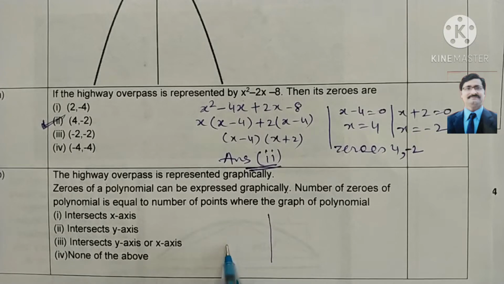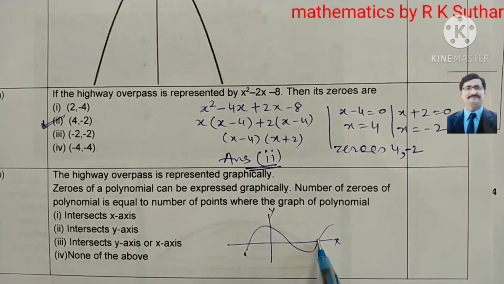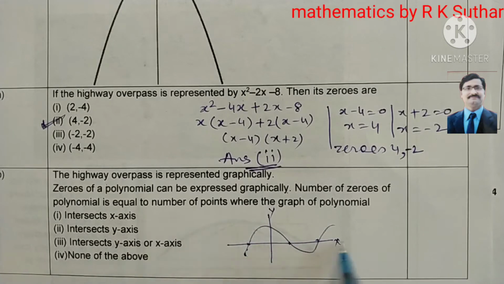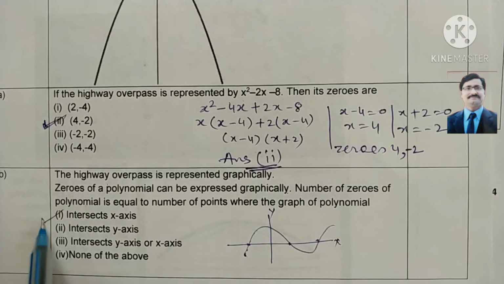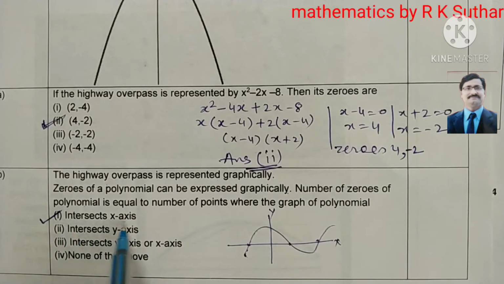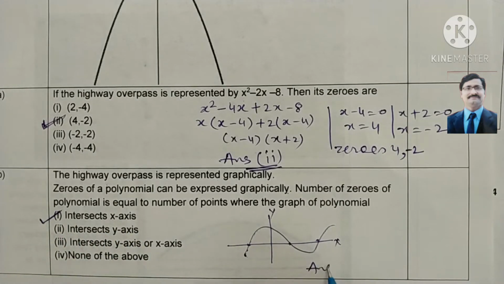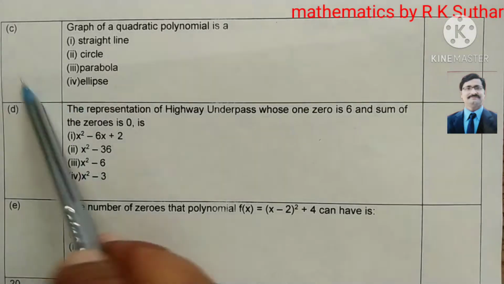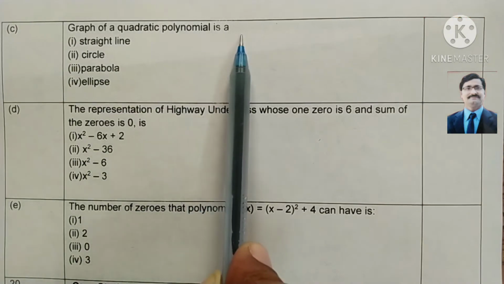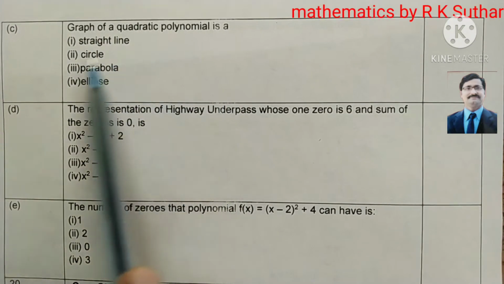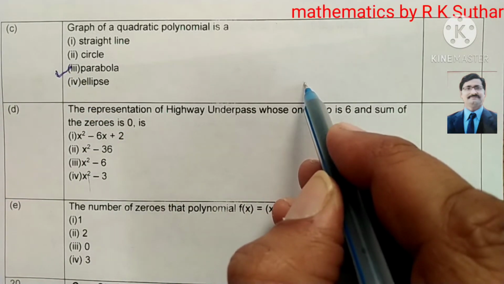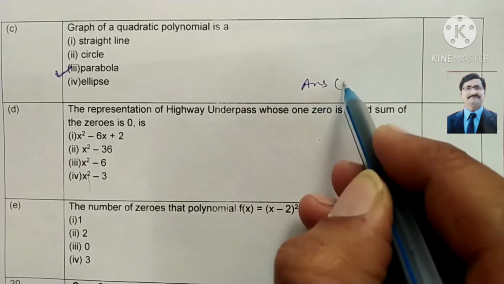If the graph is given with x-axis and y-axis, and it has 3 zeros, they are on the x-axis where it intersects. So the answer is first, intersect x-axis. All of you understand? Next question: the graph of a quadratic polynomial is parabolic. This is given in the question, and we should know it also. The answer is third.